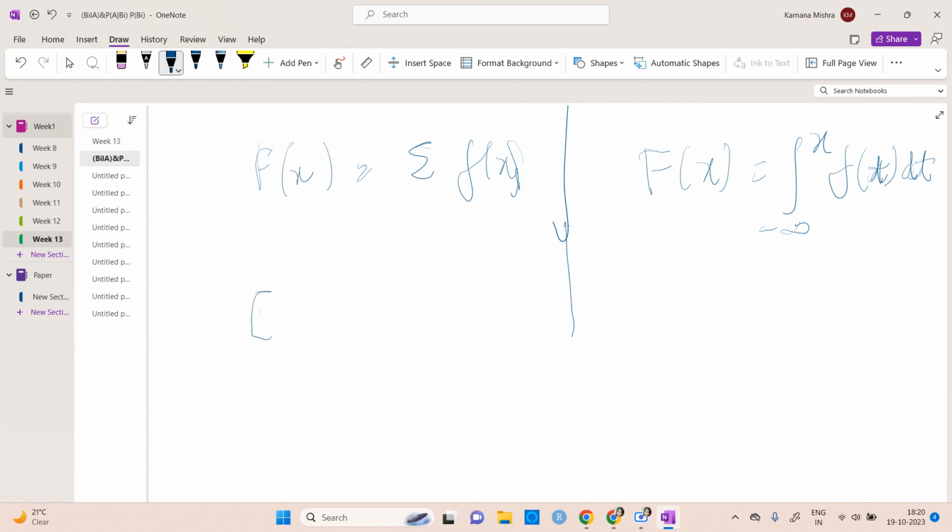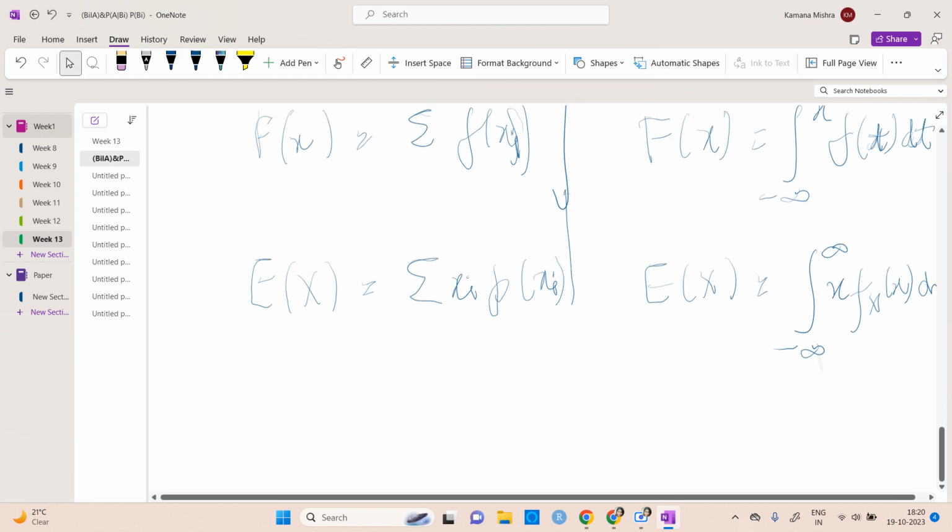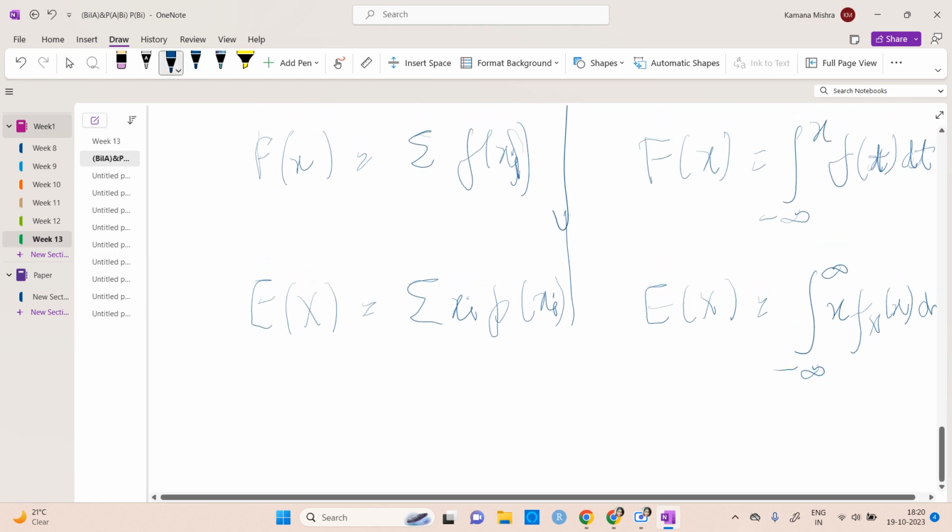Expectation of x we find by summation of x_i times p(x_i), or f(x_i). And here expectation of x is nothing but the integration from minus infinity to infinity of x f(x) dx, right? Here also you can write x, there is no issue.